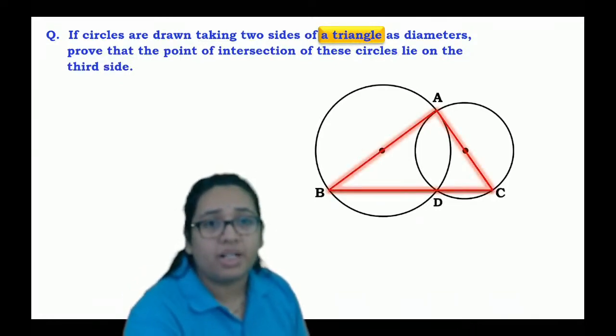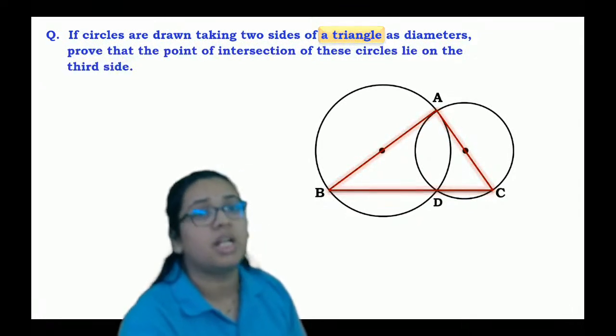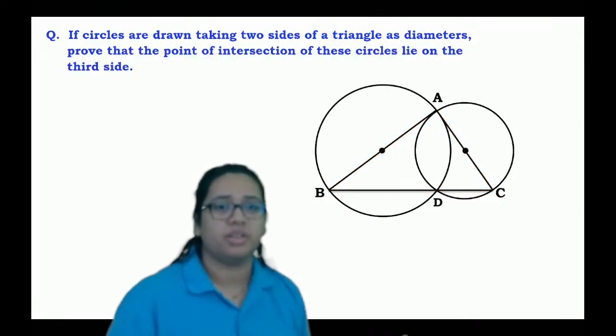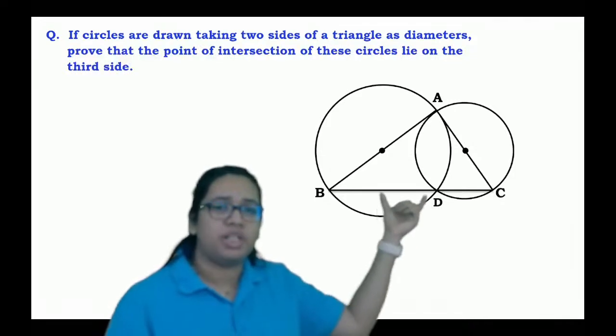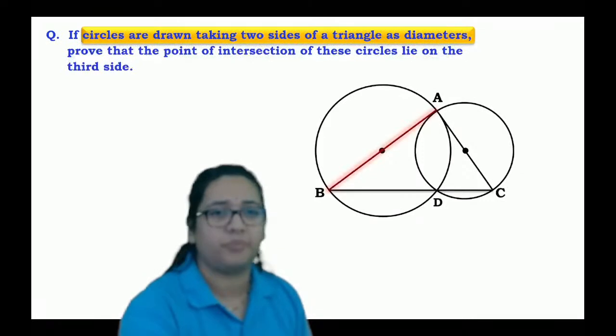Then prove that the point of intersection of these circles lies on the third side.